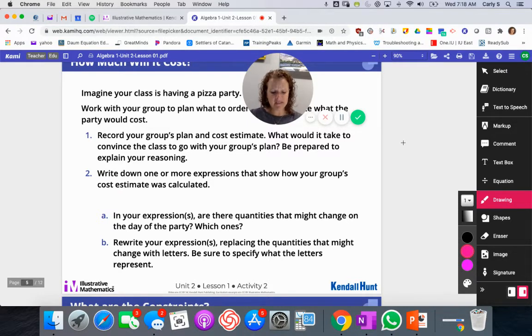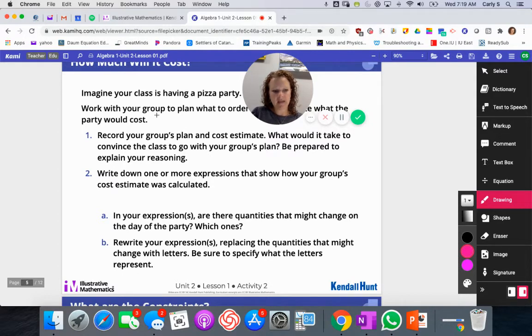How much pizza do you think we should order? Let's do 3 slices of pizza, because I bet there are some students that aren't going to be very hungry and they'll eat 2, and some students that are going to be very hungry and they'll eat 4. So let's plan on 3 pieces of pizza each.